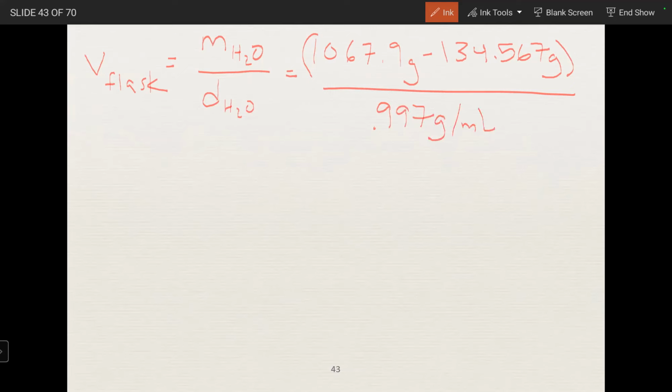When we divide by a fraction, it's the same as multiplying by the inverse, so it's really flipping that unit to milliliters over gram. Grams cancel since we've got grams on the top and grams on the bottom, and milliliters will be left as our final unit.